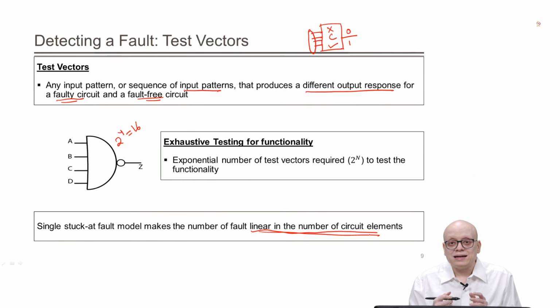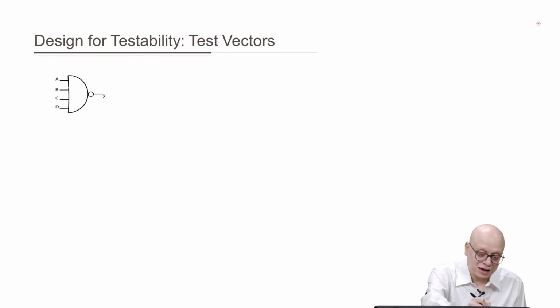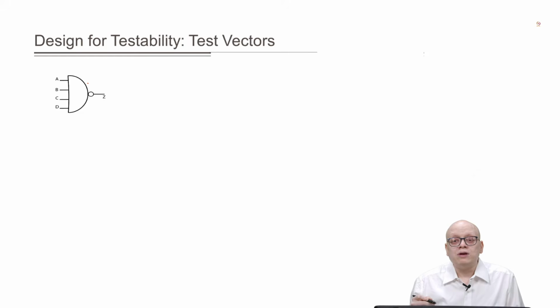So, let us take an example and understand how the assumption of the single stuck at fault model helps in reducing the number of test vectors. Let us take a case in which we have a 4 input NAND gate, and we assume that the single stuck at fault model is valid for this case.